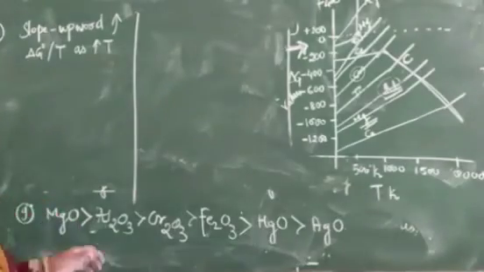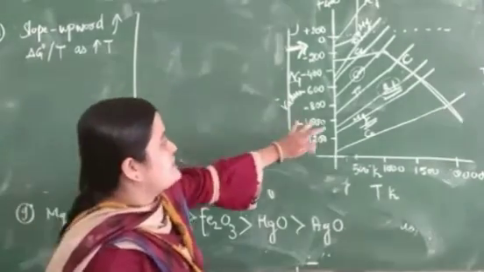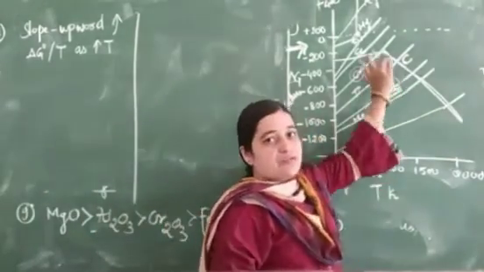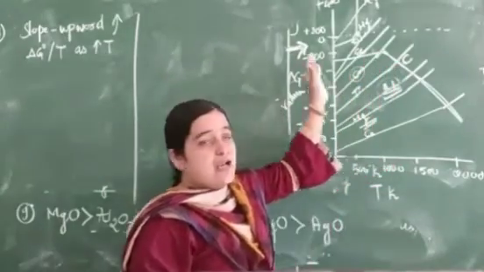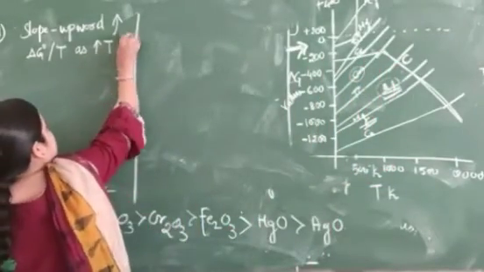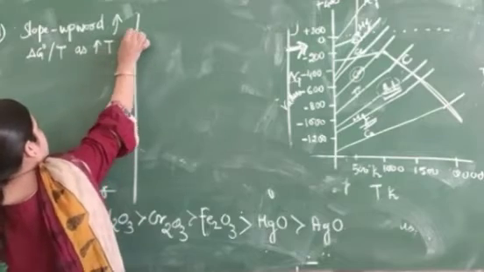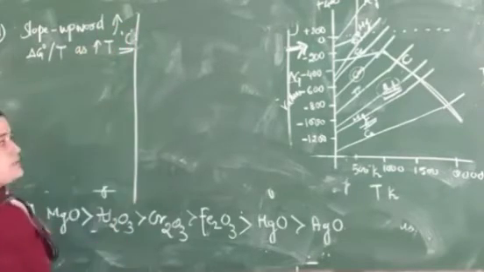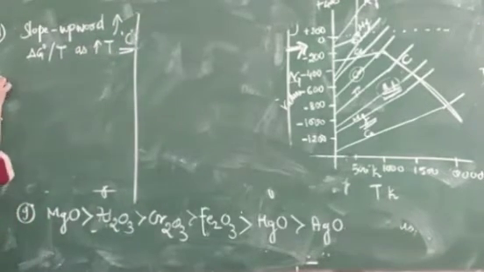From the equilibrium diagram, we can predict that the slopes of the formation of metal oxides are upward, except for carbon monoxide. This is the first one.